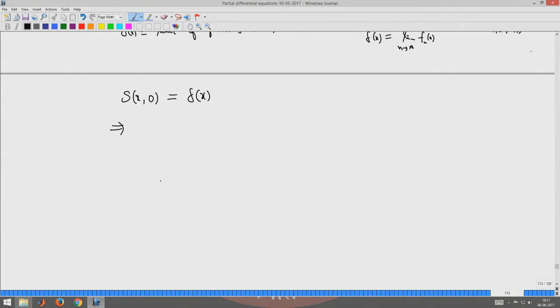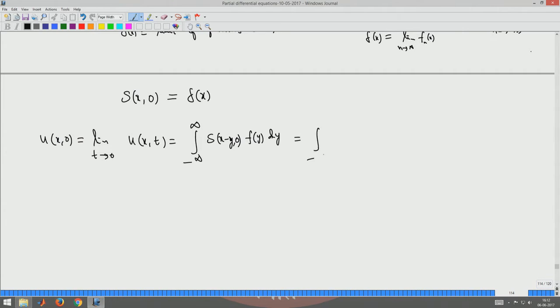That is why your solution u of x, t is the integral from minus infinity to infinity of S of x minus y, t times f of y dy. This is the solution. Now you take the limit t goes to 0, that is u at x, 0. So this is exactly the integral from minus infinity to infinity of delta of x minus y times f of y dy.